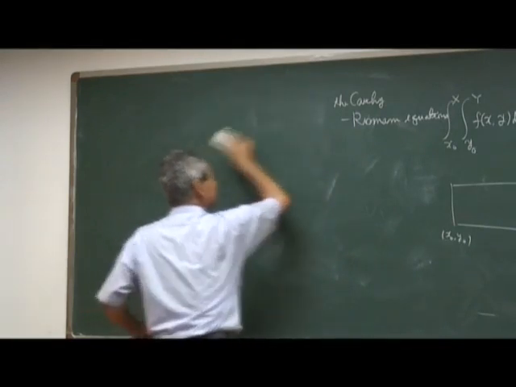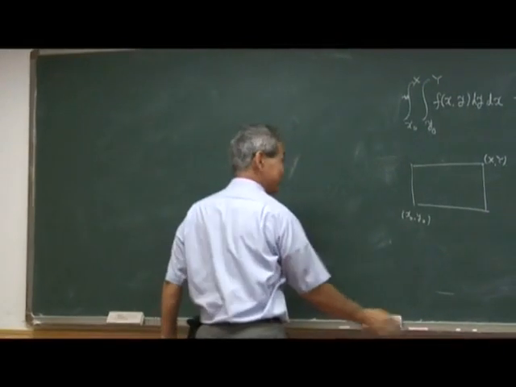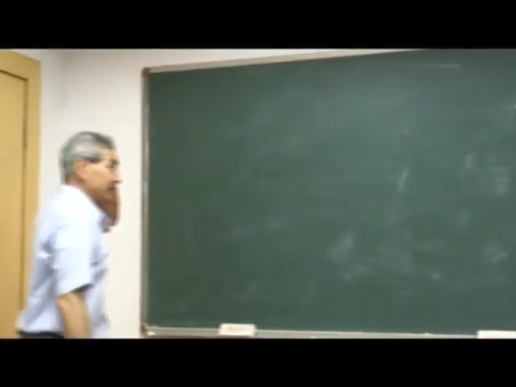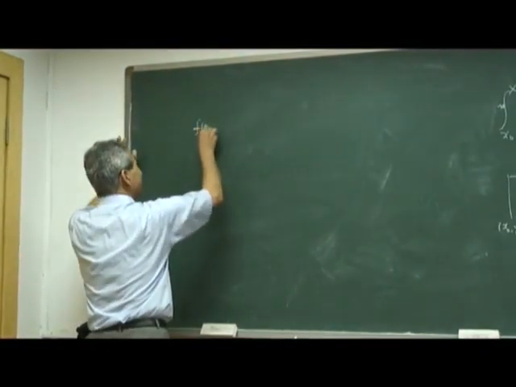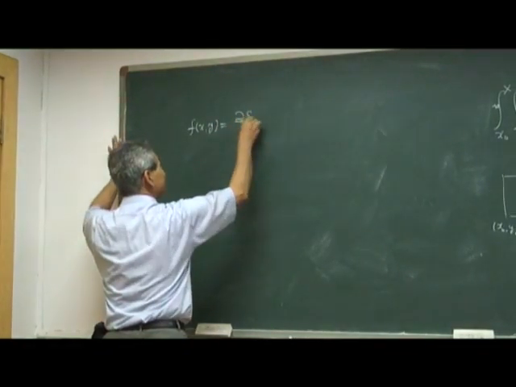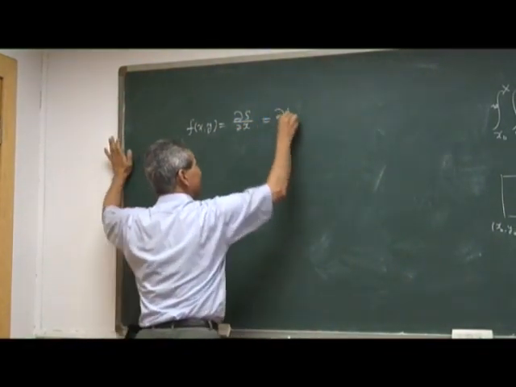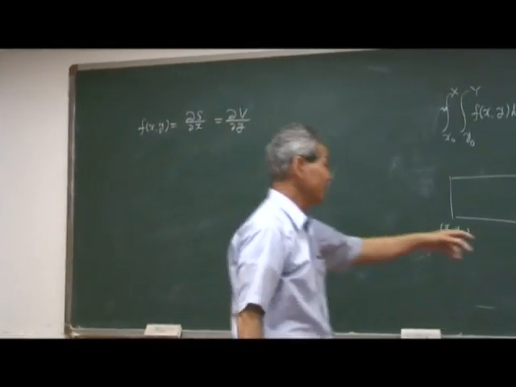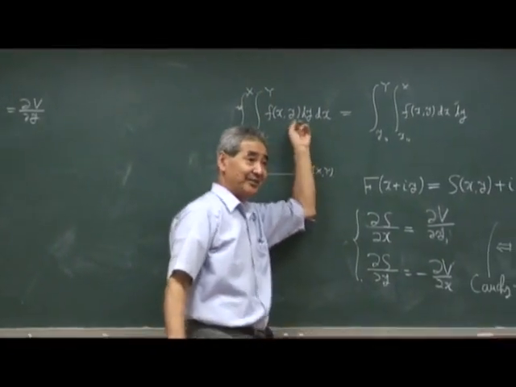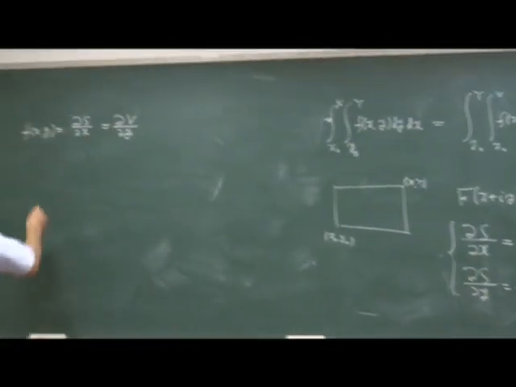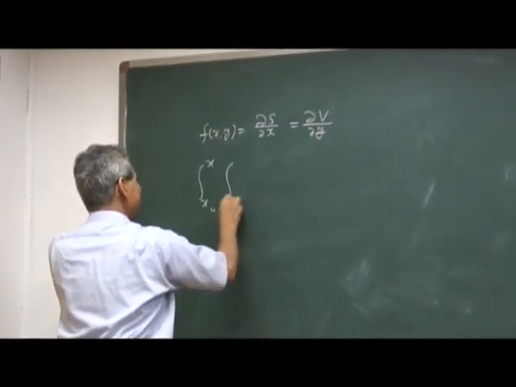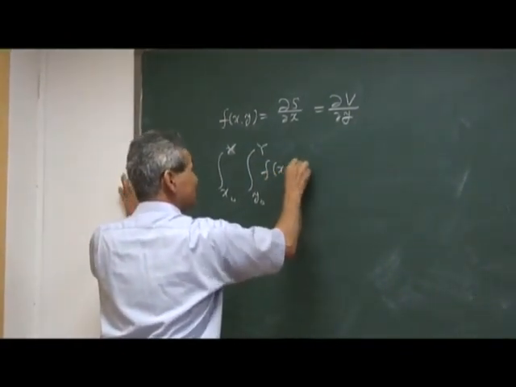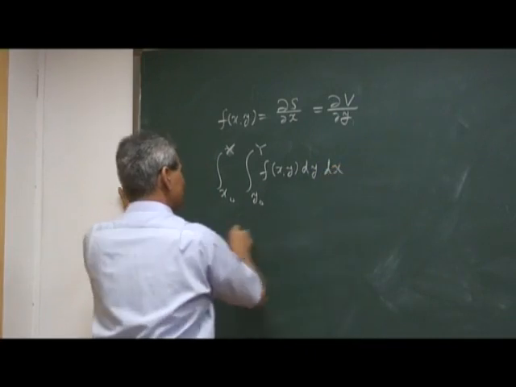So now Cauchy used this Cauchy-Riemann equation, and what he did is the following. Choose your f(x,y) as this function, du/dx and dv/dy, and use this expression to calculate this. For example, the left-hand side first.